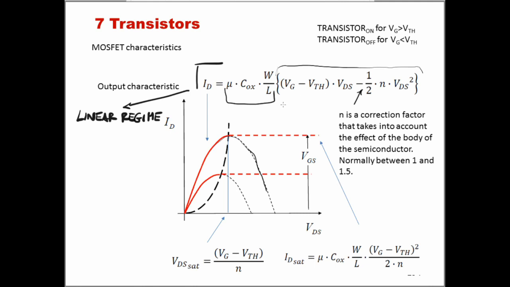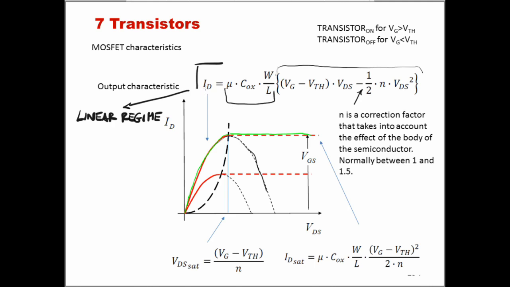So this formula represents the output characteristic of the transistor up to this point here. From this point onward, we know that we are in saturation, and so the output characteristic has to be flat.